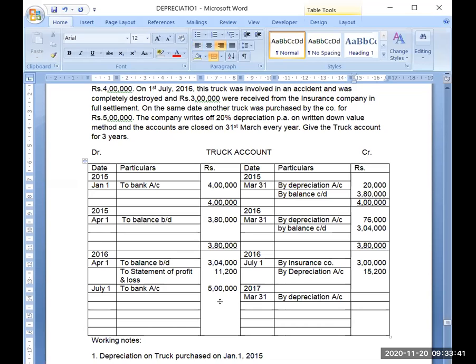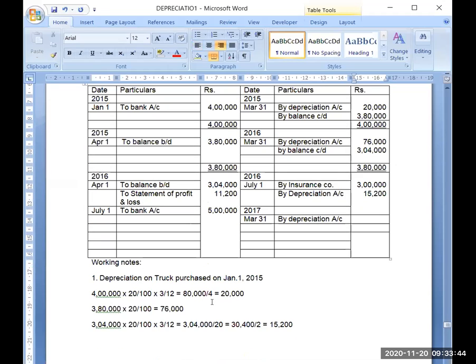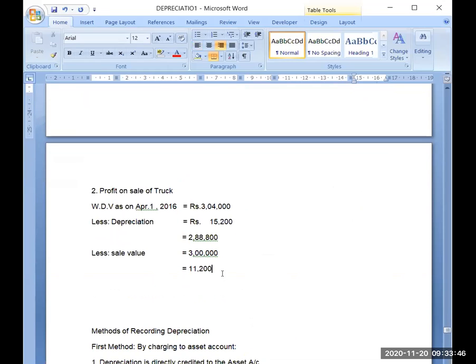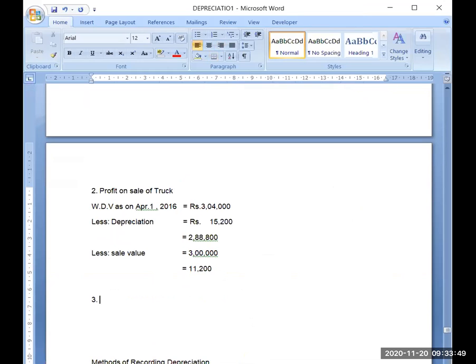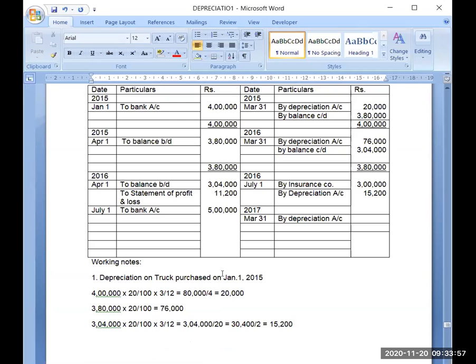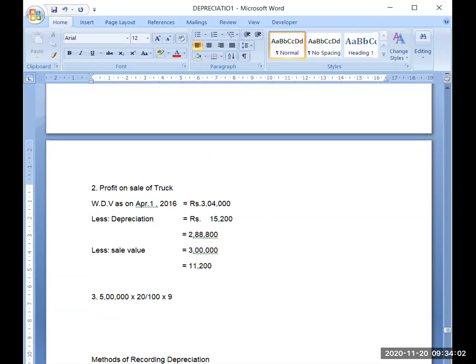So 5 lakh multiplied by 20%, and the time will be from July 1 to March 31st. So it will be 9 months. If we simplify it, it will become 1 lakh multiplied by 3 upon 4, and that means 75,000.